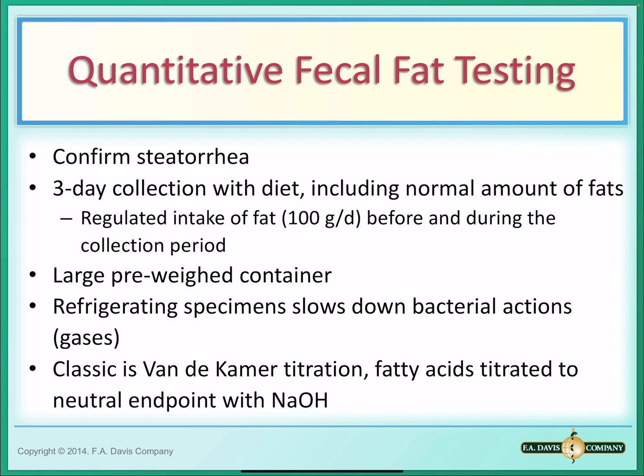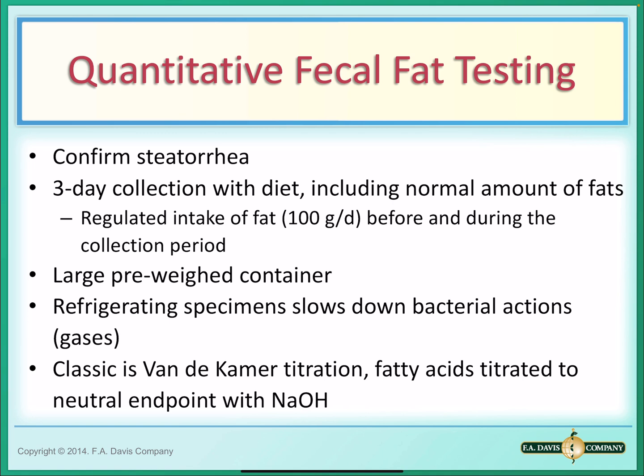In the titration method, fecal lipids are converted to fatty acids and titrated to a neutral endpoint with sodium hydroxide. Approximately 80% of the total content is measured by titration, whereas the gravimetric method measures all of the fecal fat. A drawback of the titration and gravimetric methods is that they are time-consuming and use solvents that could be corrosive and flammable.